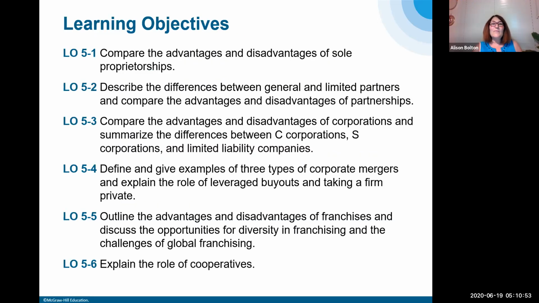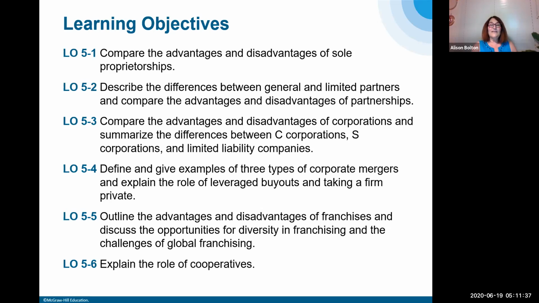Number 1, compare the advantages and disadvantages of sole proprietorships. 2, describe the differences between general and limited partners and compare the advantages and disadvantages of partnerships. 3, compare the advantages and disadvantages of corporations and summarize the differences between C corporations, S corporations, and limited liability companies. 4, define and give examples of 3 types of corporate mergers and explain the role of leveraged buyouts and taking a firm private.